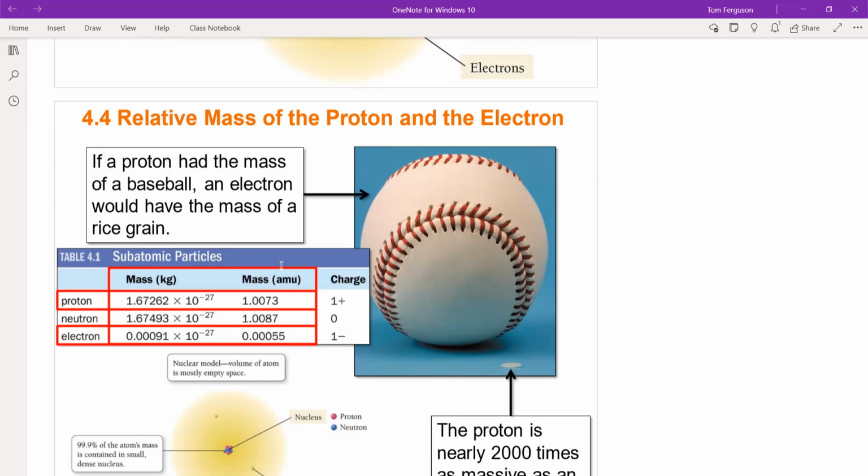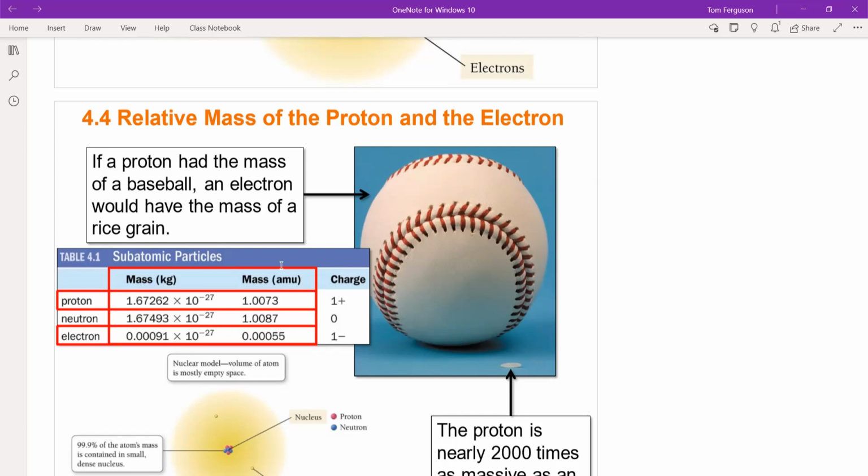There's another particle in there called a neutron, and neutrons have no charge. But the mass of a neutron and proton are approximately the same. And you see how small these guys are? 10 to the -27. Pretty small. Look at the mass of an electron relative to these guys.